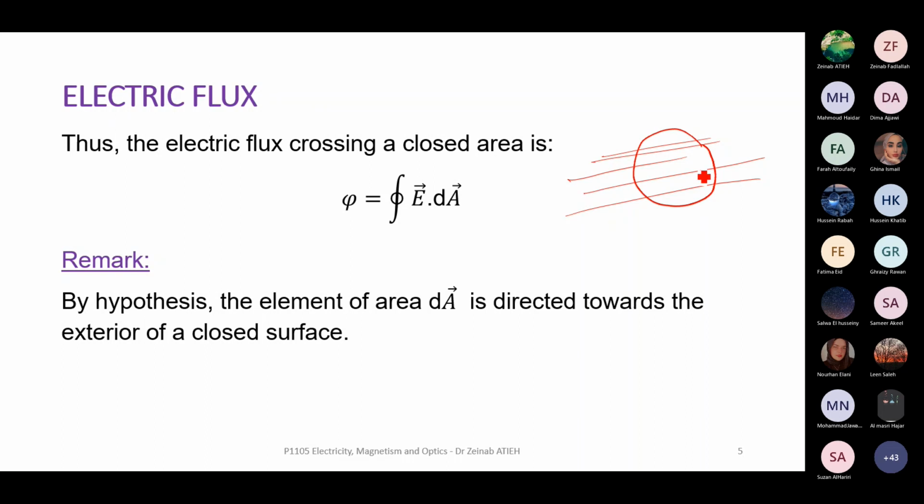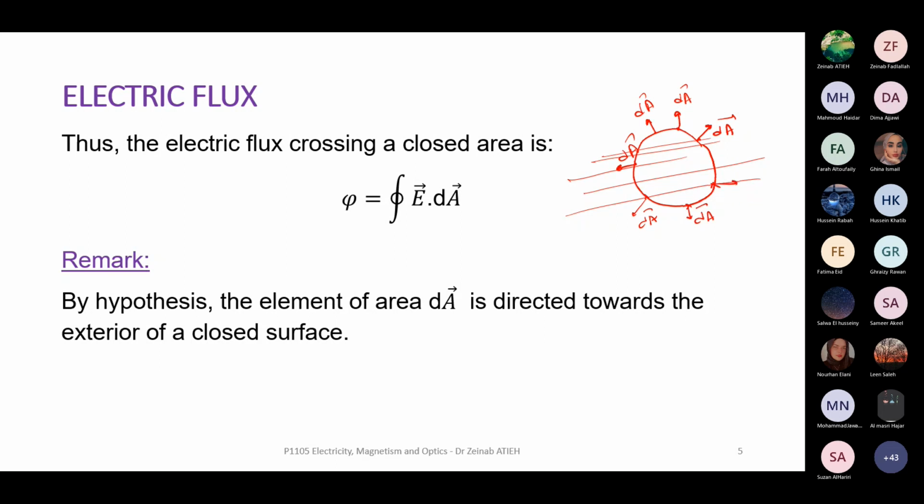So at each element, at each point of my surface, dA is an element of area perpendicular to the surface, directed towards the exterior of the closed surface. So you can see that dA has different directions everywhere. You will see why we explain it later when I move on.